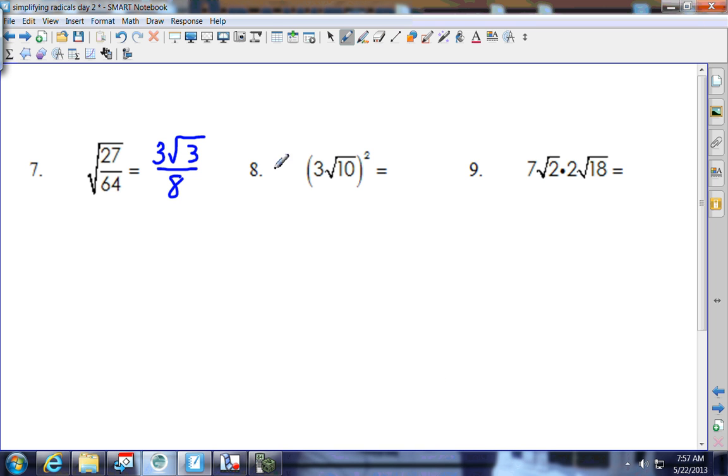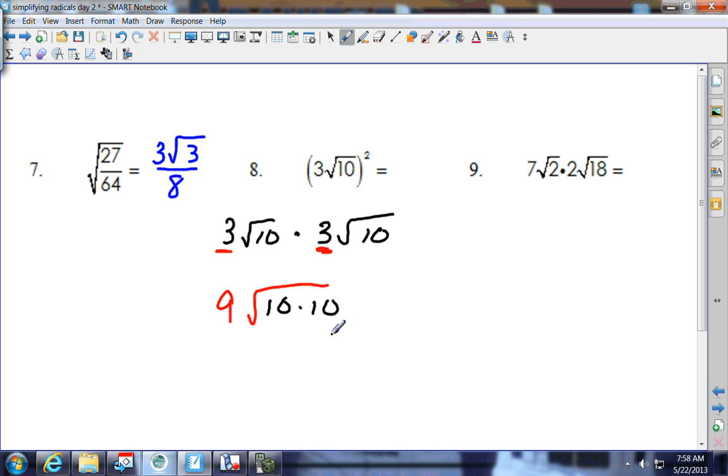Okay, now this one. This one means 3 square root of 10 times 3 square root of 10, right? Okay, so now on this one, what is 3 times 3? 9. Underneath the square root sign, I have a 10 and a 10. We have partners, right?